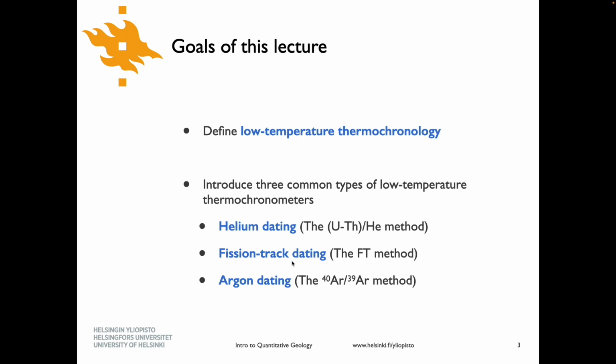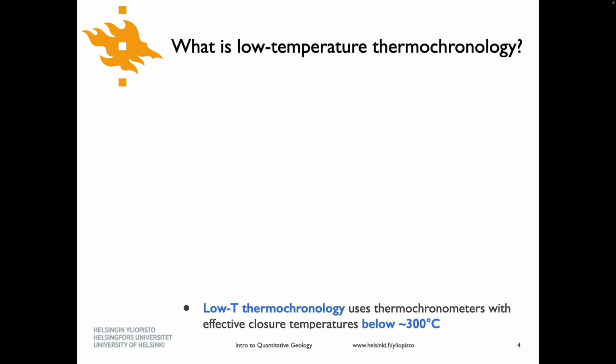We'll also talk about fission track dating, which came up once earlier, maybe back in lesson number 3 during the lecture, and then argon dating, which is similar to helium dating in that you have a noble gas isotope inside of a crystal lattice. It's just a bigger isotope, in this case argon instead of helium.